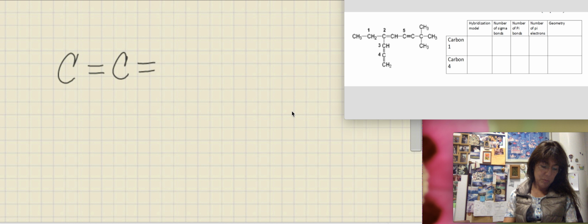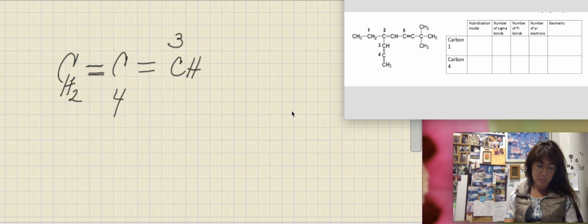This is carbon atom number 4, which is attached by means of this double bond to a CH2, and which is making a double bond to a CH, given the label of carbon atom number 3.